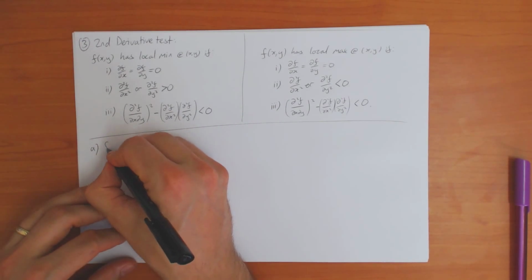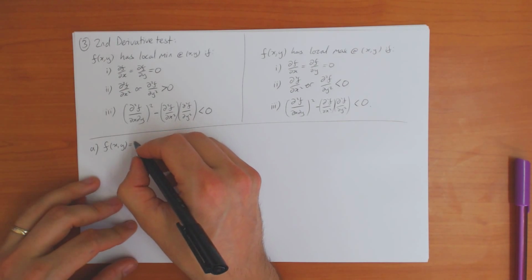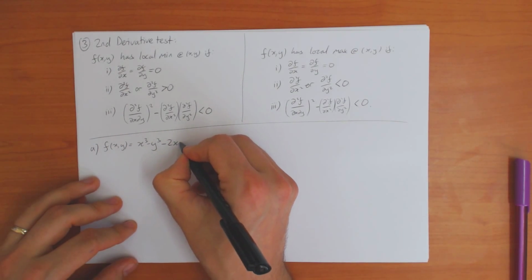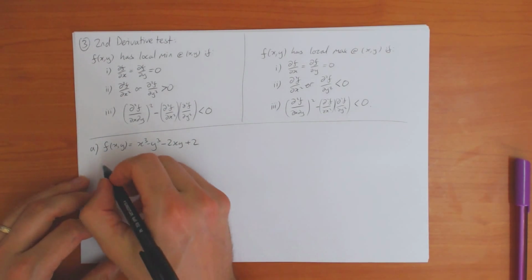So the first function, f of x and y, is x cubed minus y cubed minus 2xy plus 2. Okay, so I think I'll calculate all the derivatives first.